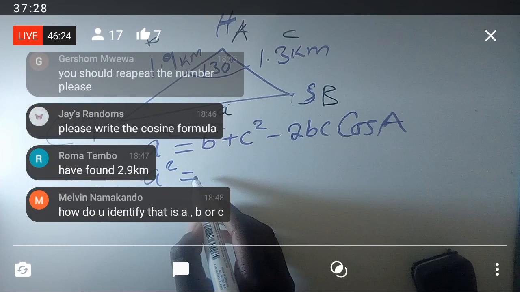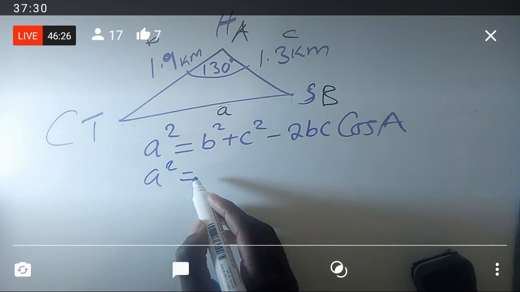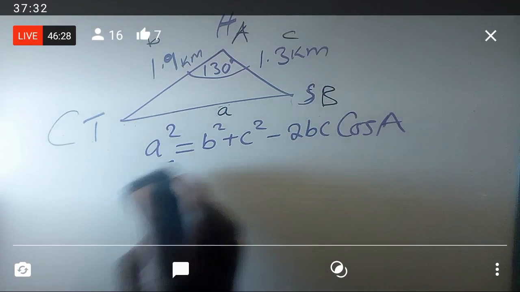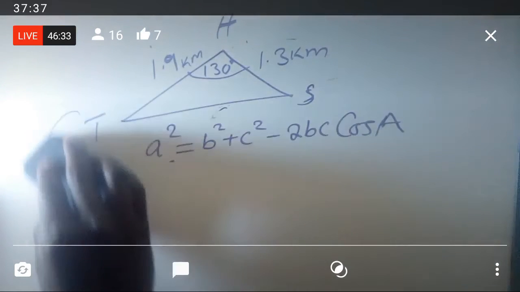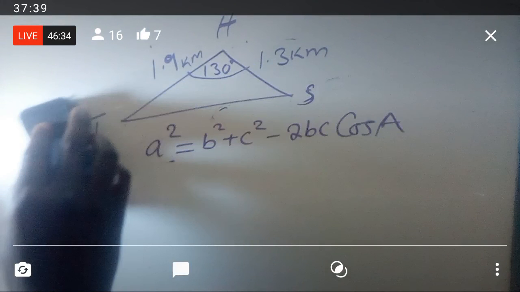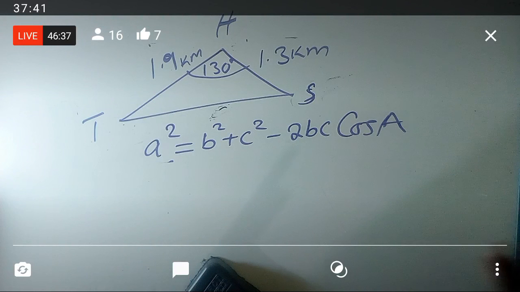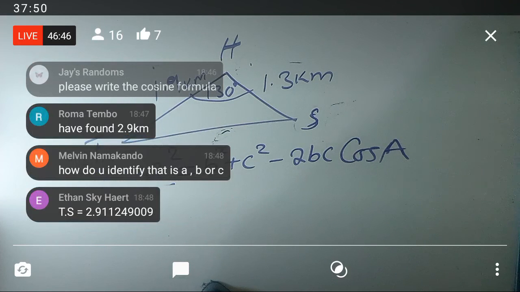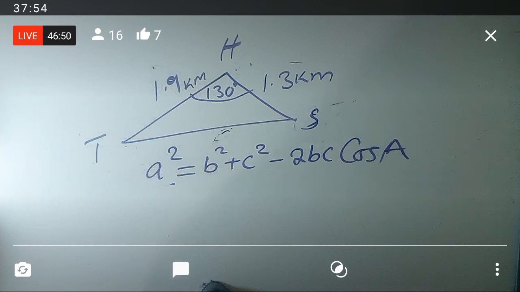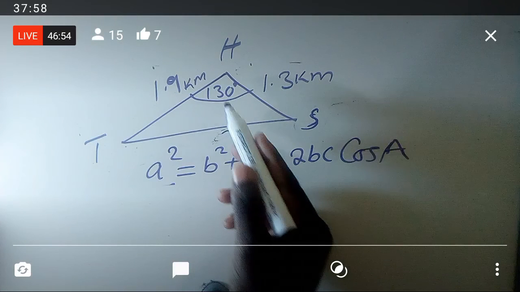Somebody has asked me a question: how do you identify the sides? So I'll talk about cosine. There are so many ways you can identify the sides, but I'll tell you the one I think is easier for me. When you're dealing with the cosine rule, you check where you are able to see an angle. It's up here. So that should be your capital A, where you're able to see an angle.